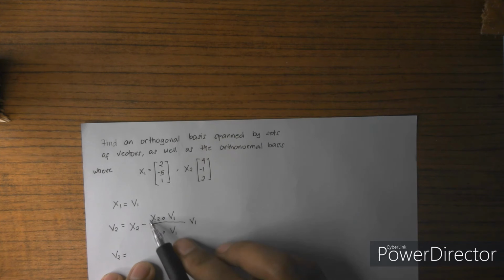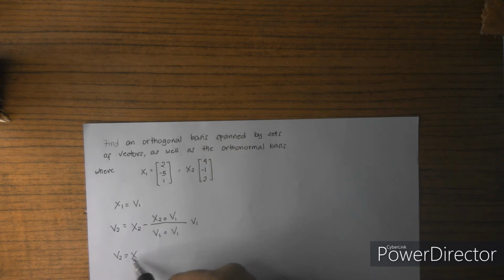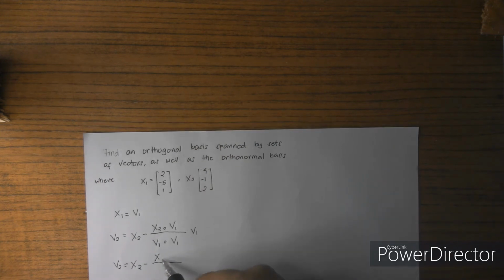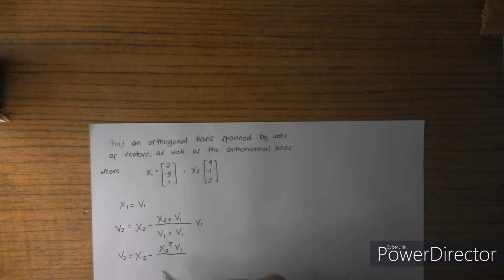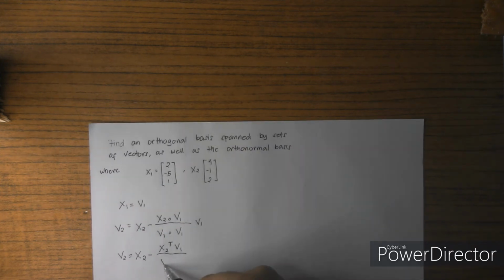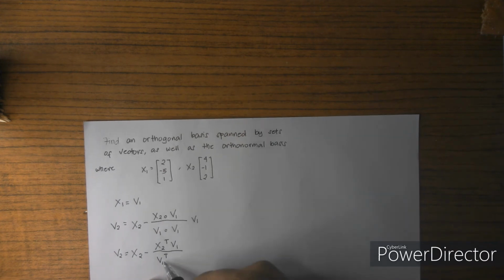We will rewrite the formula as x of 2 minus x of 2 transpose times v sub 1, over v sub 1 transpose times v sub 1, times the v of 1. Again, instead of using the dot product, we will use the transpose so that we have a shorter solution.